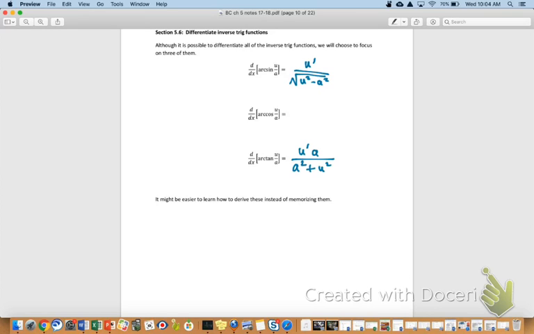And then arc cosine. Does anybody remember what arc cosine is? Closely related to arcsine. Is it negative u prime? It's just the negative of it. So it's just negative u prime over the square root of, oh, hang on. Sorry, I wrote this down wrong. Up here it should be a squared minus u squared.